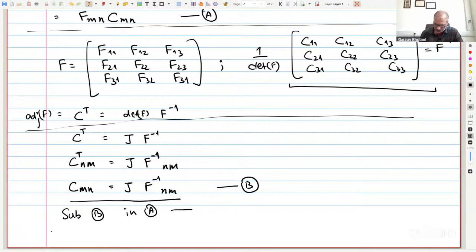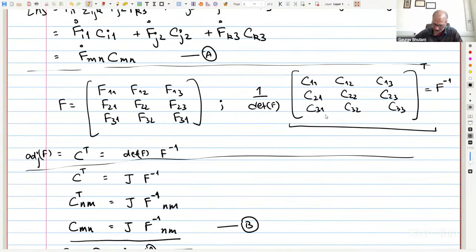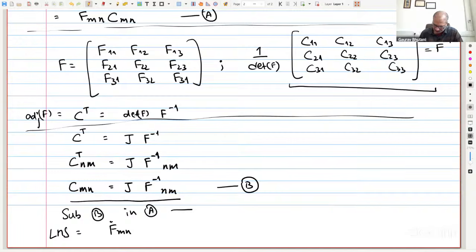So this gives the LHS as F dot mn. Sorry, there was a dot here. Yeah, there's a dot on F. And then the Cmn can now be written as J times, and J I'll move here, J is a scalar, times F inverse nm.